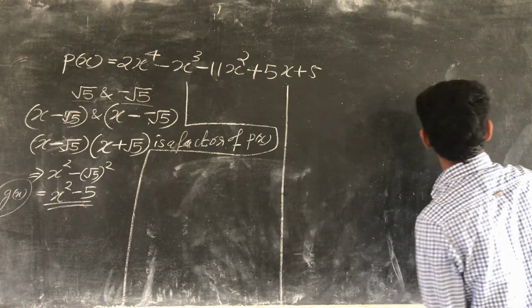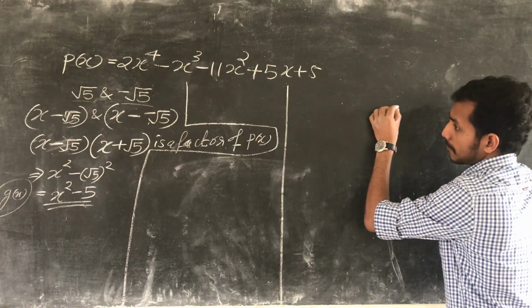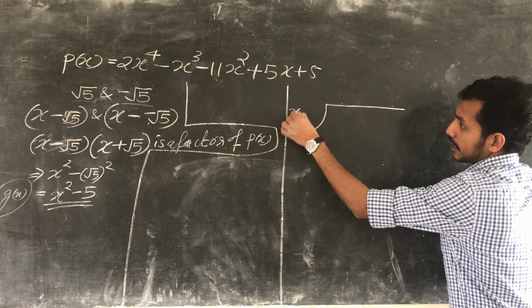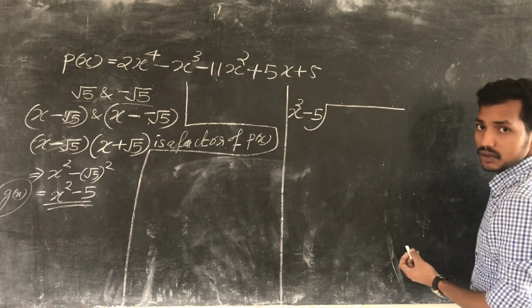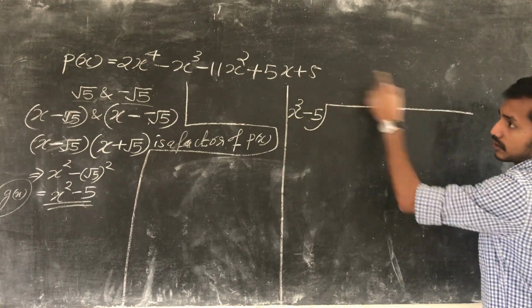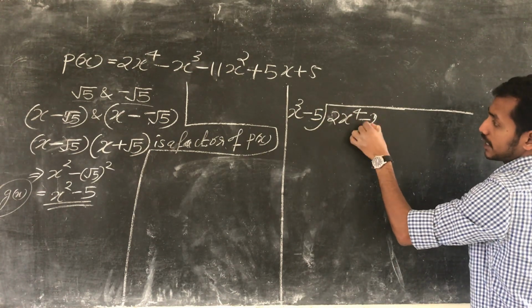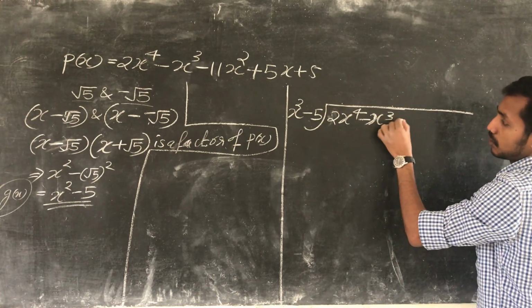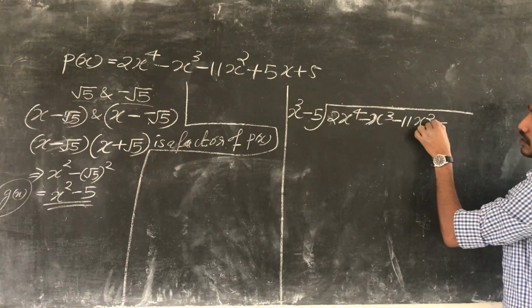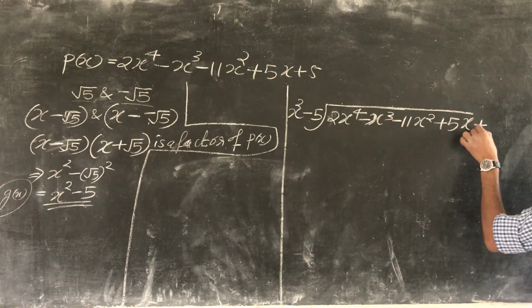Here we can divide p of x by x square minus 5. Okay? And p of x is 2x to the power 4 minus x cube minus 11x square plus 5x plus 5.